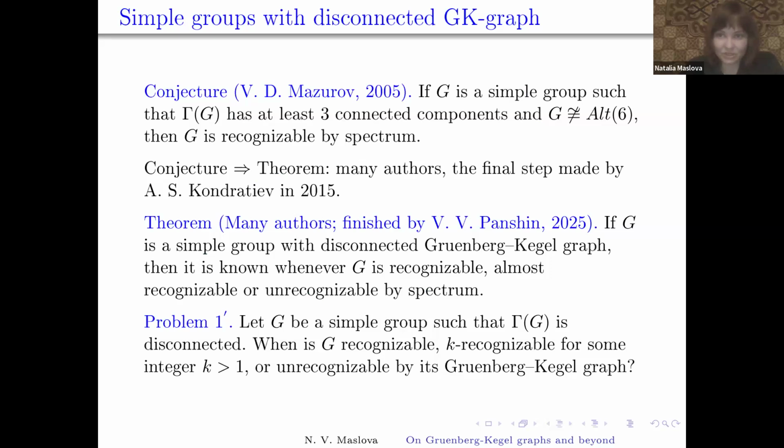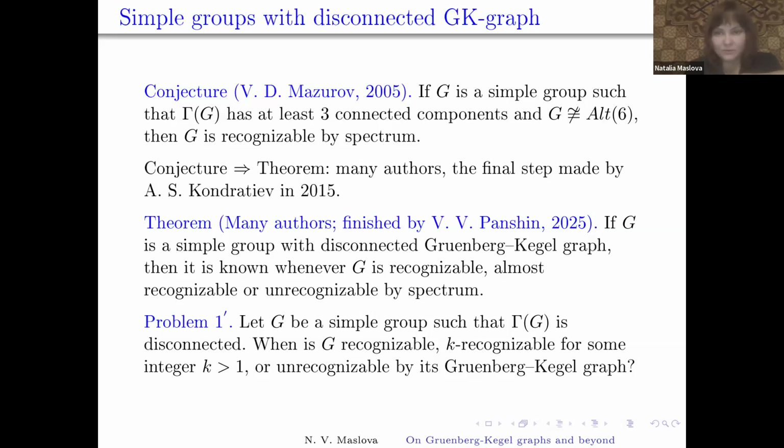This conjecture is true, and the final step in the proof of this conjecture was made by Anatoly Kondratiev around 10 years ago. Moreover, for all finite simple groups with disconnected Gruenberg-Kegel graphs, the question of recognition by spectrum is solved.